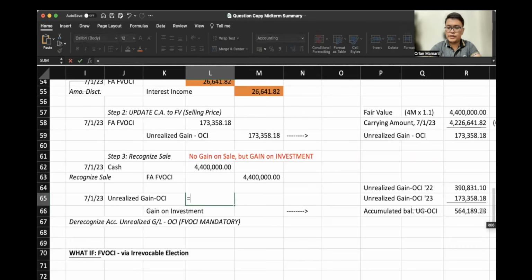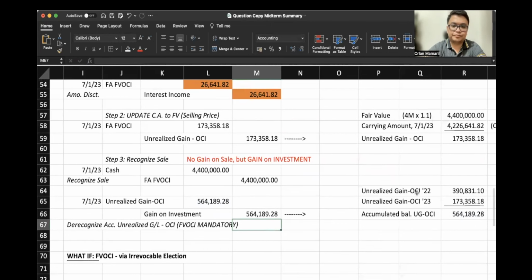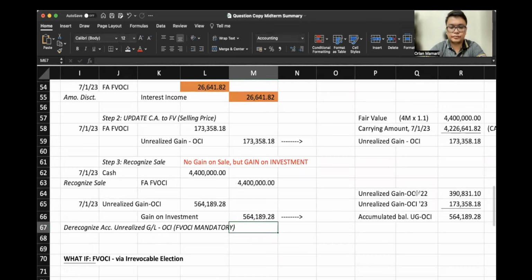So this would be 564. And just to show you the difference that ties up with our theory notes in the previous video, what if the FVOCI is not through mandatory classification, but it's originally FVPL, but we made the irrevocable election on initial recognition that this would be classified as FVOCI?